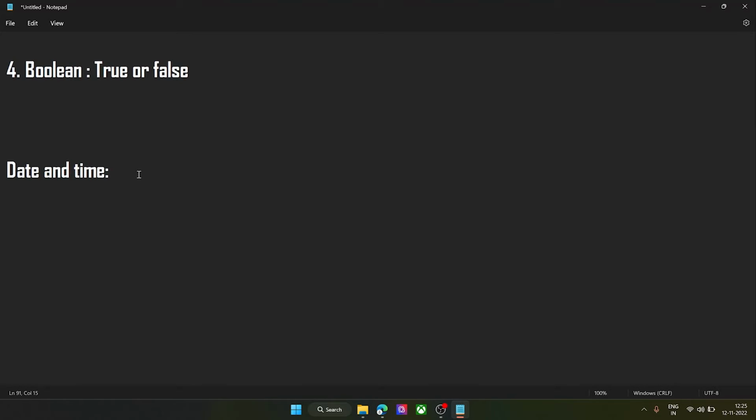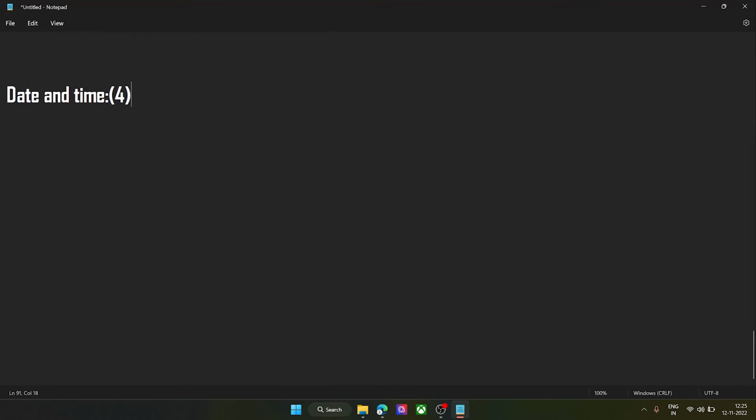For date and time you have four again. First one is only date. How will it look? The format will be YYYY-MM-DD. The second one is datetime.